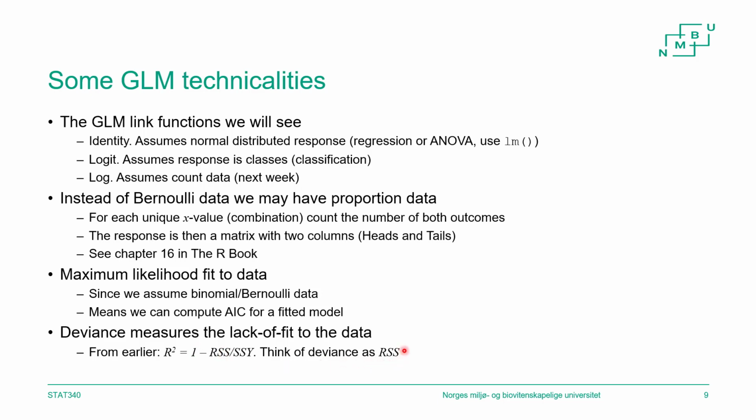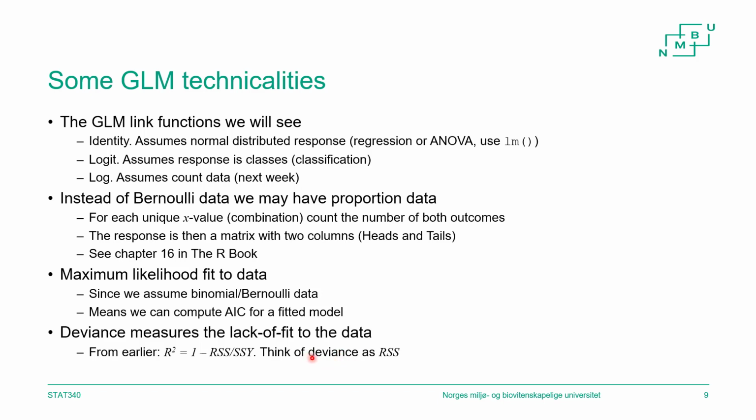Think of deviance as this residual sum of squares. So a smaller deviance means a closer fit to the data. The smaller, the closer fit you have to the data. So it's sort of the GLM variant of R square, except that for R square, the bigger the better, here the smaller the better. And it's always listed together with the degrees of freedom.